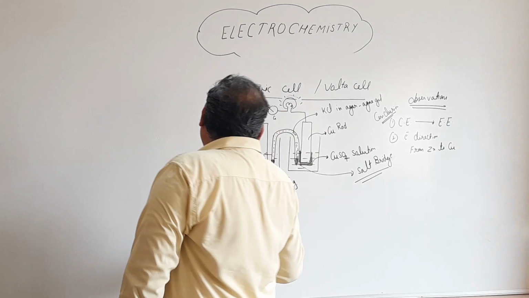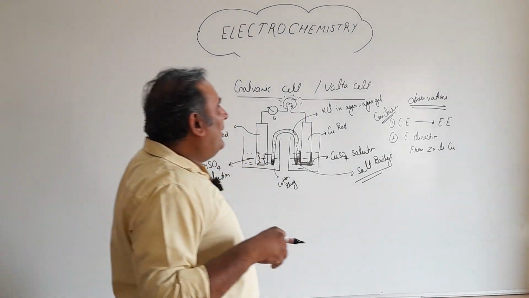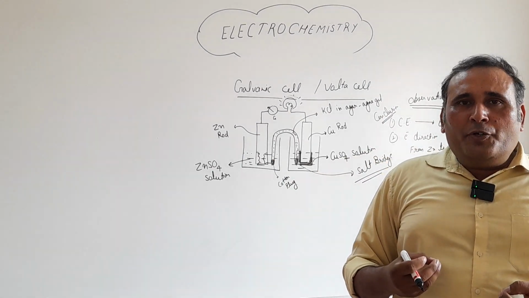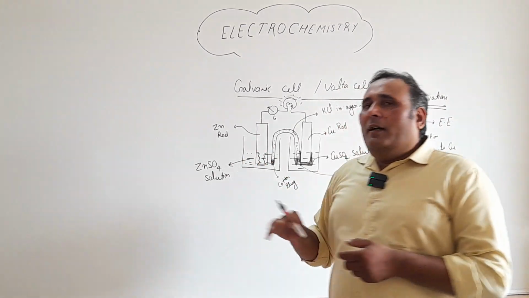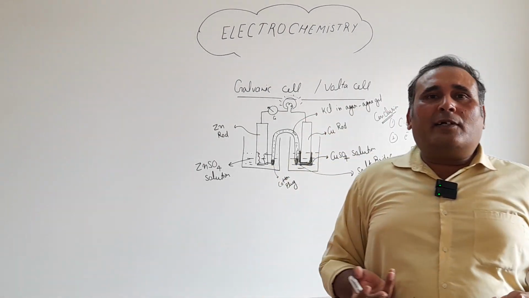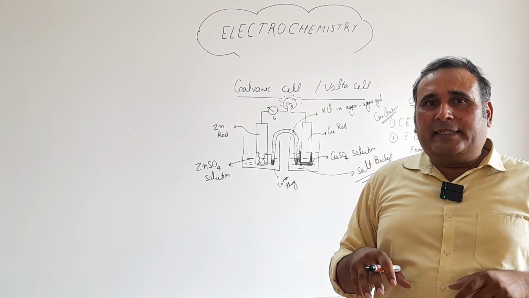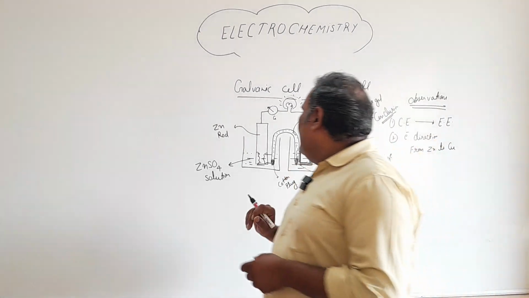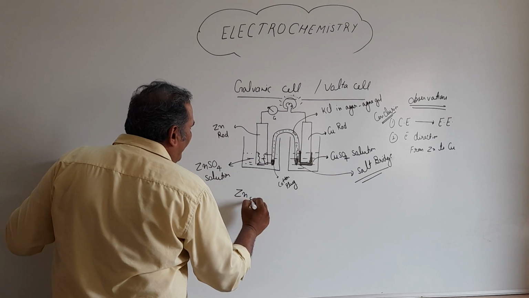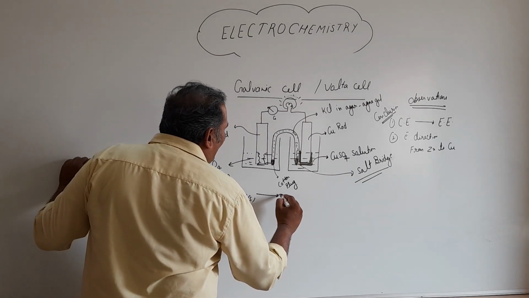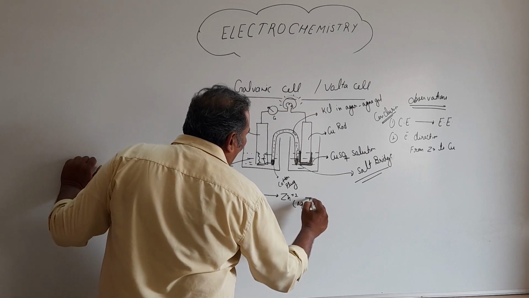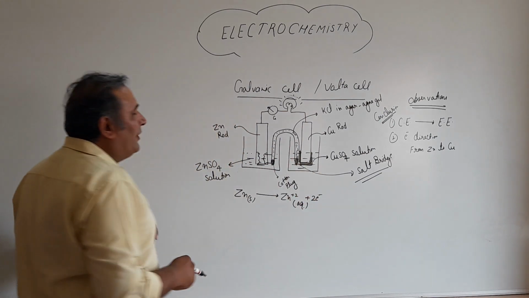So let's see. First of all, we have to understand how electricity is being produced in this galvanic cell. Electricity is being produced means somewhere electrons are generated and electrons are flowing. So from where are these electrons coming? First of all, understand this. In this cell, the zinc rod, meaning zinc solid, gets converted into Zn2+ ions by releasing 2 electrons.